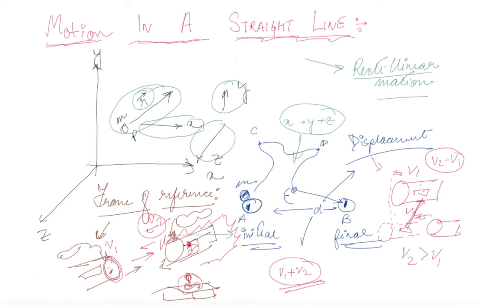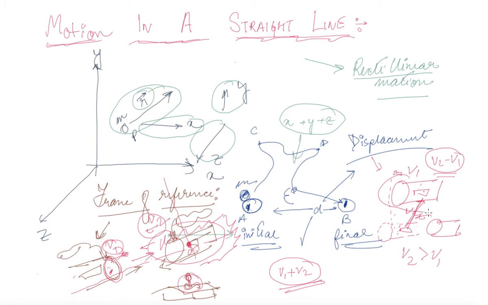So if a person is sitting in his frame of reference, that is, in the moving frame of reference, suppose this is his frame of reference, what he will observe is that this particular object is moving towards him with a velocity v1 plus v2. Now if it was moving in the same direction, he will say that it is moving at a very slow rate, that is v2 minus v1, because of their relative motion; it is observed that the motion is decreased. But this is not so.